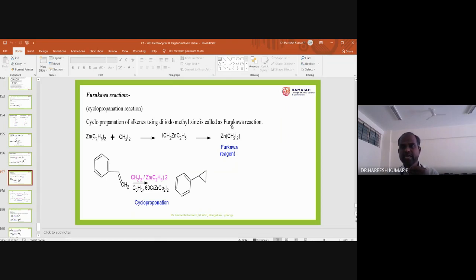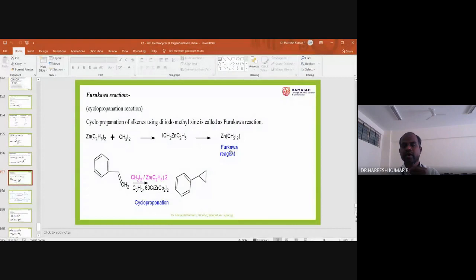So this reagent is called, maybe here you can make R or K silent.